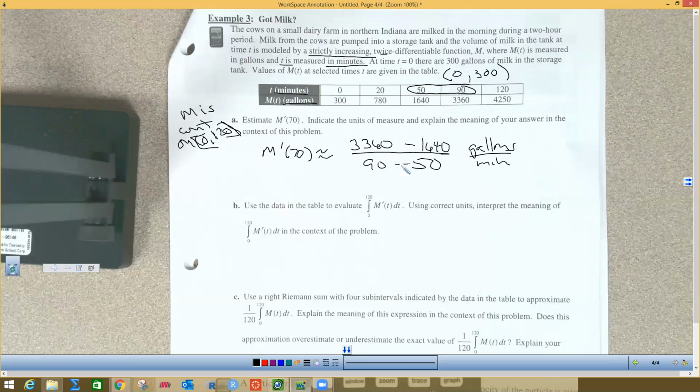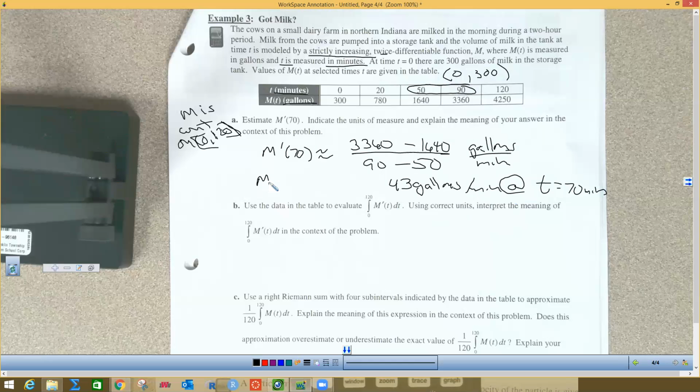Now, you could leave that as your answer and get full credit for that. Or if you want to simplify it down, it does simplify down to 43 gallons per minute. So that would be your answer, and we'd probably want to say at t equals 70 minutes, because we need to tell them a time. So that would be the amount of milk going into the container. Okay, I guess we probably should say this.